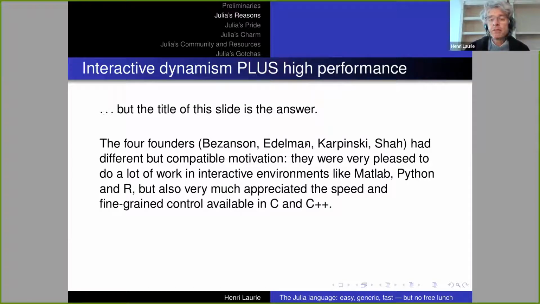Karpinski and Shah were people who were employed to do lots of scientific computing and had a lot of experience of frustration with the many languages. So although they were very pleased with the interactive environments like MATLAB, Python, and R, they were also very competent and appreciated the speed and the fine-grained control that you get in the statically compiled languages.